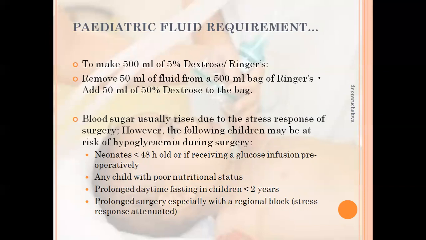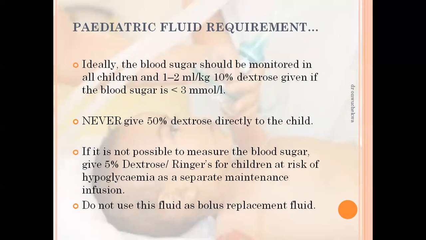Also any child with poor nutritional status, prolonged daytime fasting in children less than 2 years of age, and prolonged surgery, especially with a regional block, which attenuates the stress response to surgery. So ideally, the blood sugar should be monitored in all children, and 1 to 2 mils per kg of 10% dextrose given if the blood sugar is less than 10 millimoles per liter.